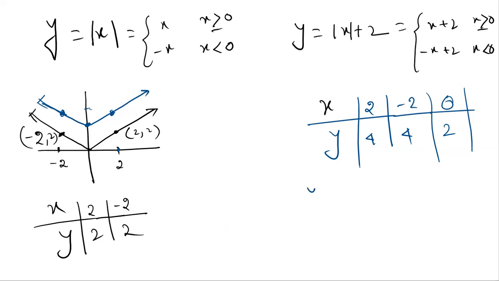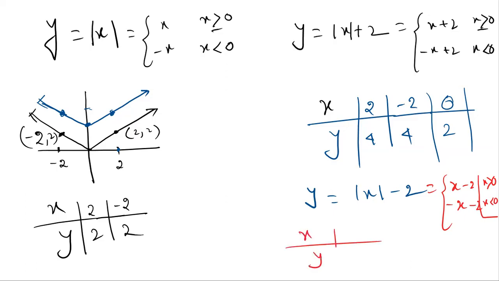Now at the same time, you take y equal to mod x minus 2. What will happen? You see, use the definition of mod. So this will become x minus 2 when x is greater than 0, and minus x minus 2 when x is less than 0. Correct? Now see the values of x and y. For x equal to 2, if you put 2, it will become 0.